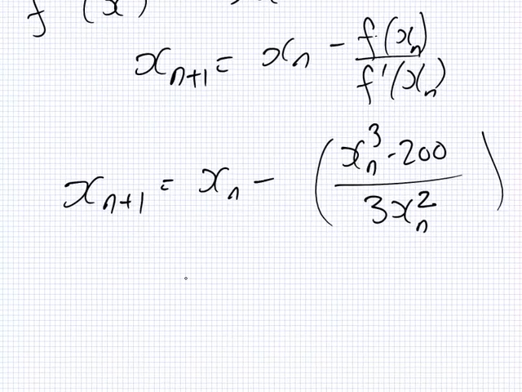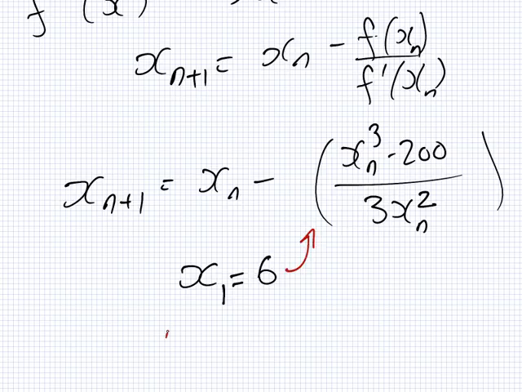They tell us where to start. What number do we start at? It says in the question 6, isn't it? Yeah, actually. So all we do is put 6 into this formula and we can get our answer, x2, which is what they want. That's right.